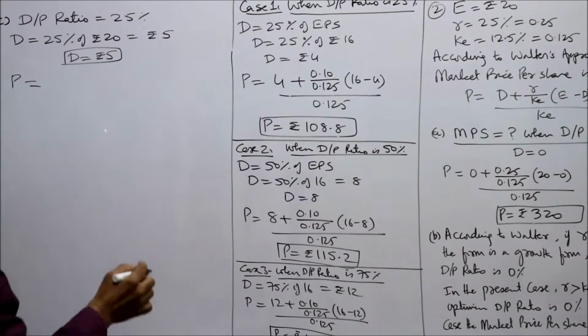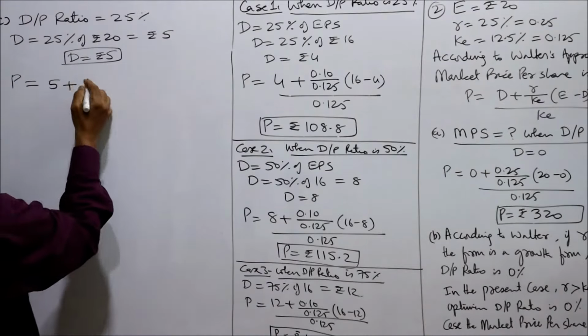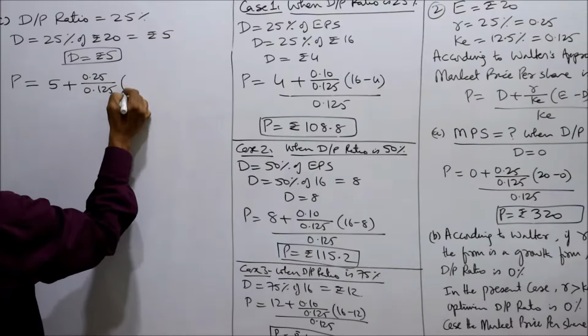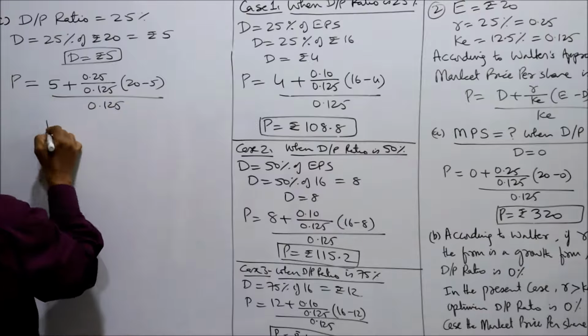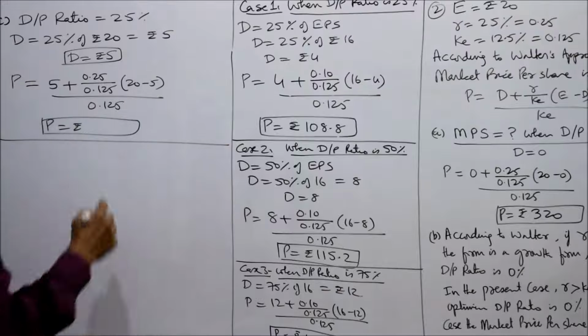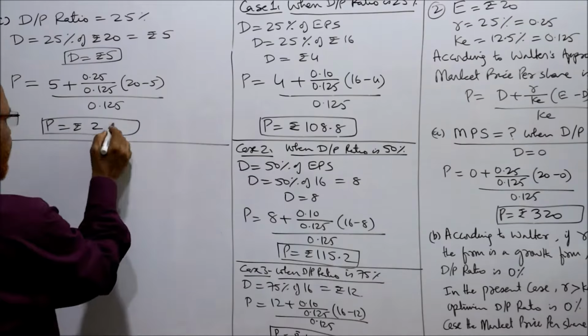Then what would be the price of the share? So we apply the formula: 5 plus 0.25 divided by 0.125, (20 minus 5) divided by 0.125. So P is equal to... if the DP ratio is 25%, then what will the market price per share be? It will become 280.